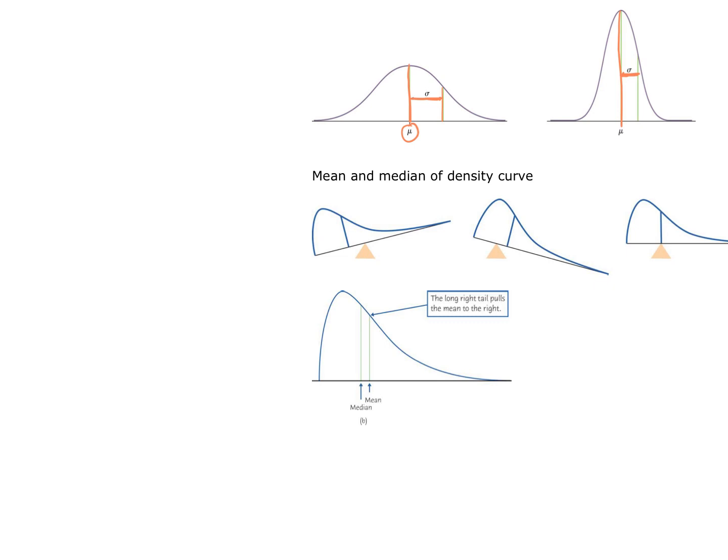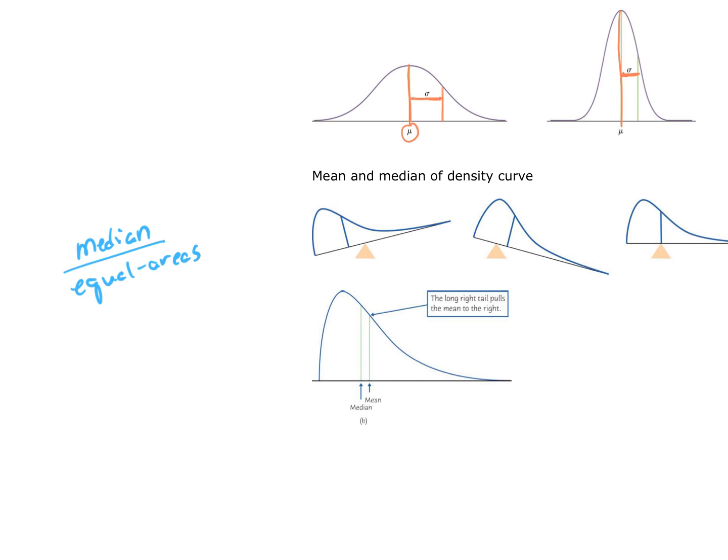Quick reminder, for our median, we found our equal areas point. Remember, we drew our line to show where we think that there's just as much area to the left of that line as there is to the right of the line.